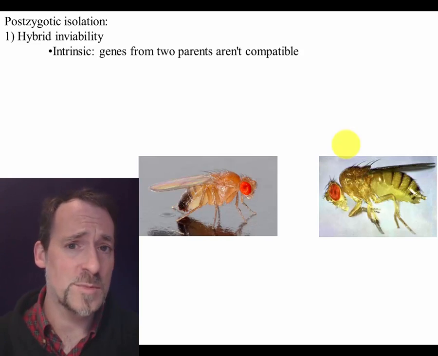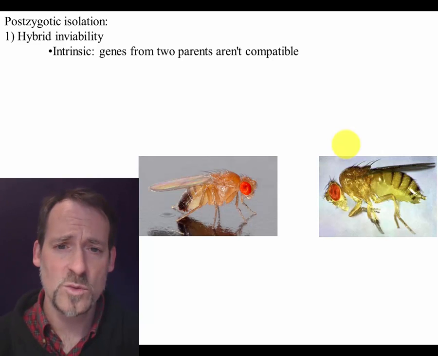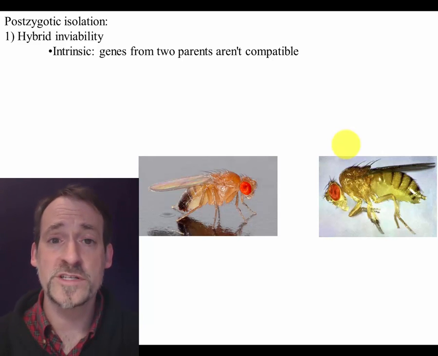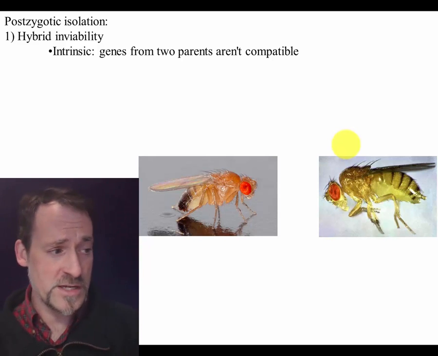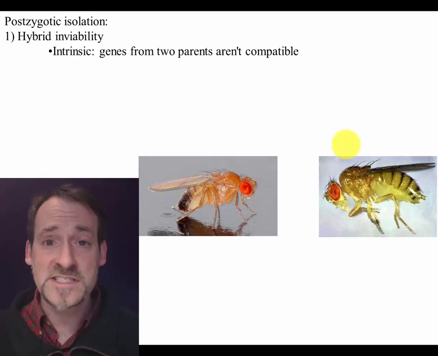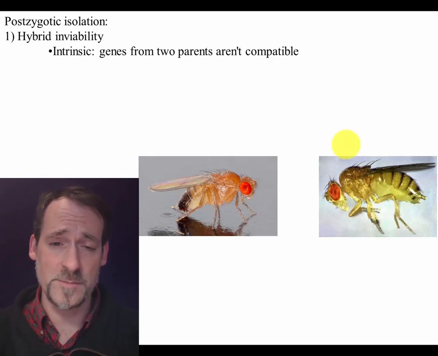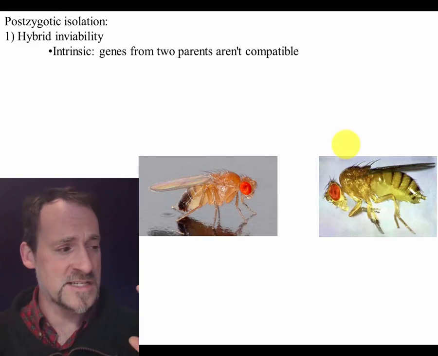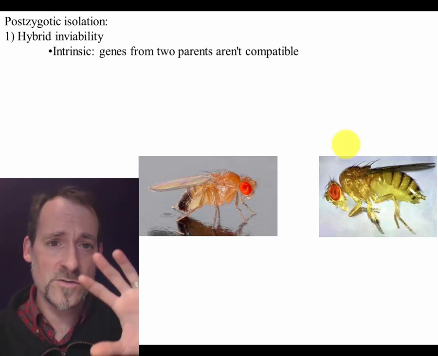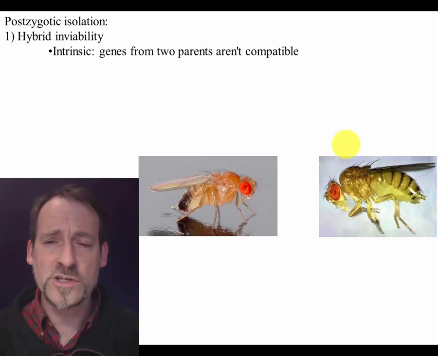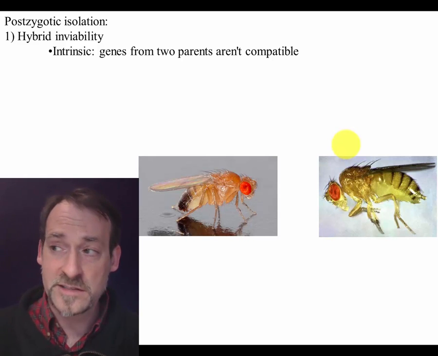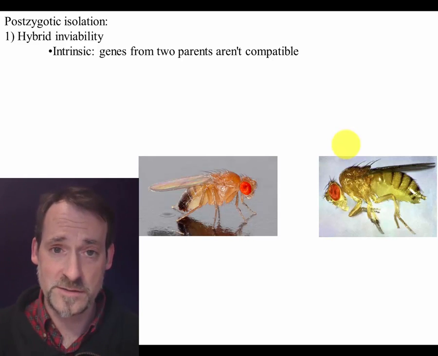And this can happen for a couple of different reasons. One is it can happen for intrinsic reasons. When you have a population over here and a population over here, and they've been evolving separately for long periods of time, what can happen is that an allele over in this population can become fixed that is not good at working together with an allele that becomes fixed over here.